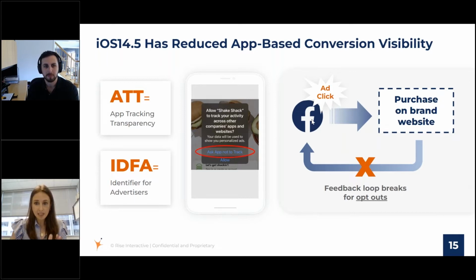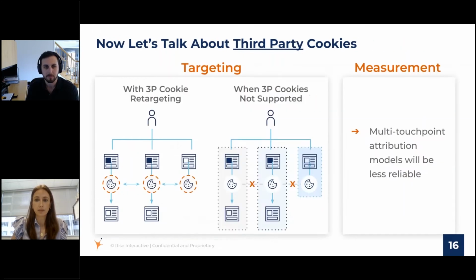For those who are opted in, there's a feedback loop that can still be seen, where advertisers can connect the individual action that took place on Facebook to the reaction or next action that took place on the brand website. But when you opt out, that feedback loop is broken.